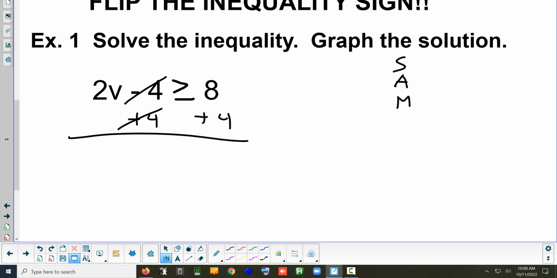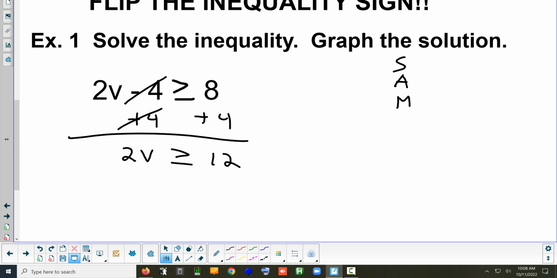Maya, what is on the left-hand side now? 2v. And Finnegan, should I flip my inequality? No, I didn't multiply or divide by a negative. So don't flip it. And Sophie, on the right side, what will I have? 12.